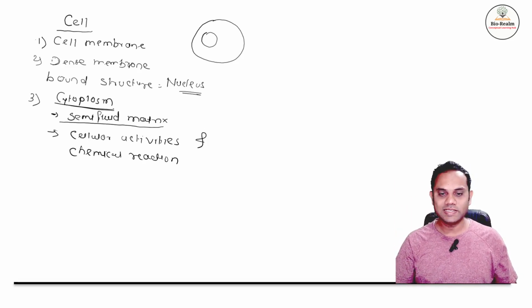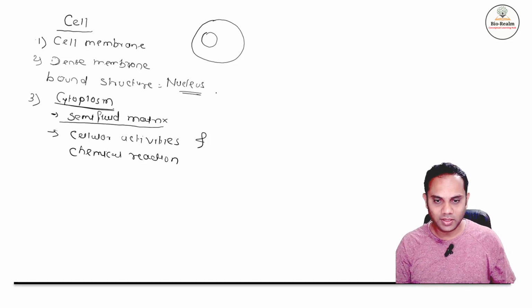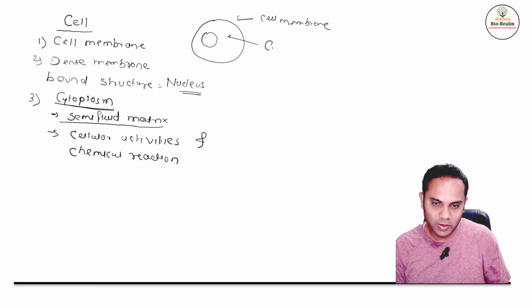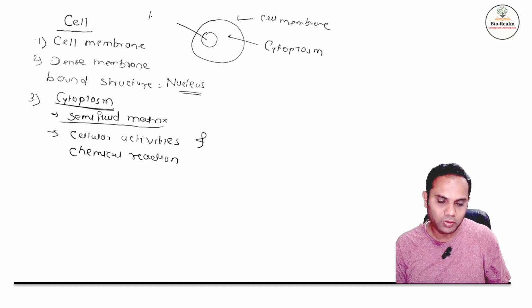So you can see here I have drawn, for example, this is the cell membrane, this is the cytoplasm, and this is the membrane-bound nucleus.